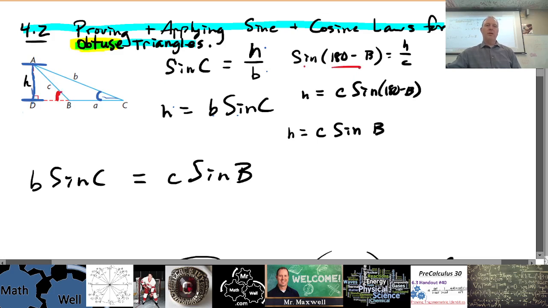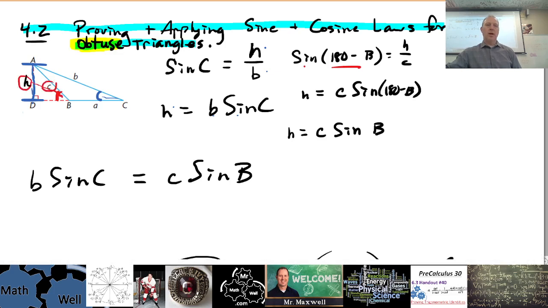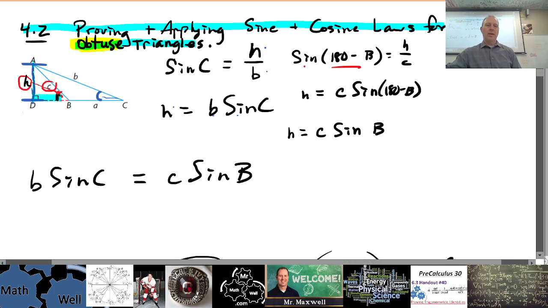So the sine of 180 minus B is H over C. You see that? Because we are actually looking at this little right triangle in here, that right triangle. So if you take a look at this one, that's the supplementary angle to B, isn't it? That's the supplementary angle to B. And so I can rearrange this statement to be H equals C times sine of 180 minus B.